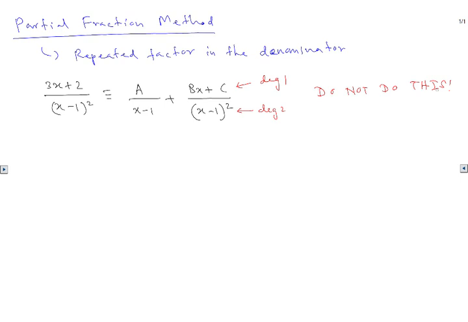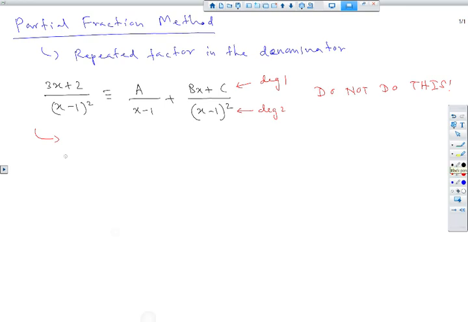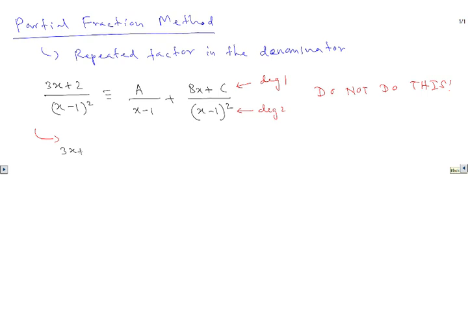Instead, we can write (3x + 2) over (x - 1) squared as a over (x - 1) plus b over (x - 1) squared.